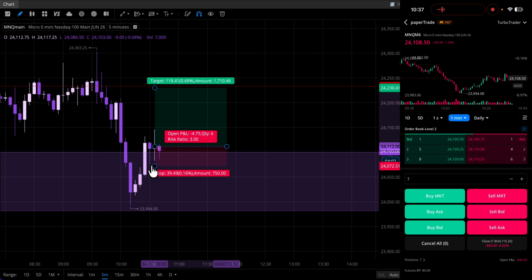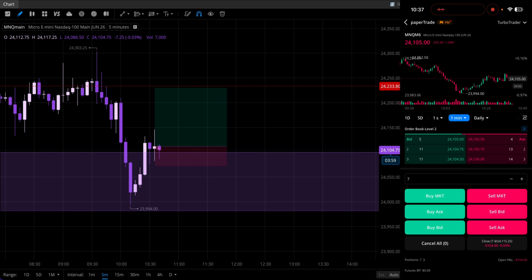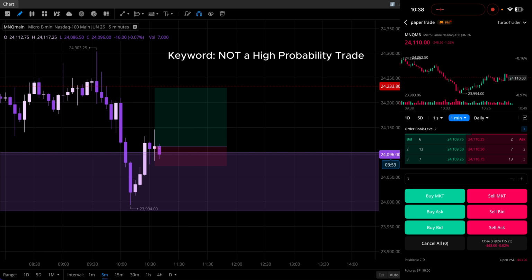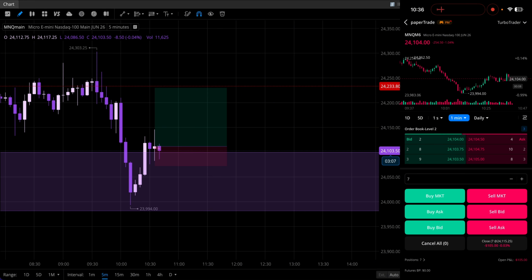I don't want it to go below this candle here. This is not an A+ setup, so I'm not expecting it to work. But, hey. Okay, well, that's a loss, because it already pushed below that candle.